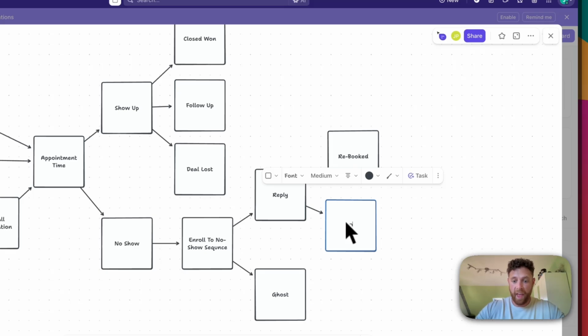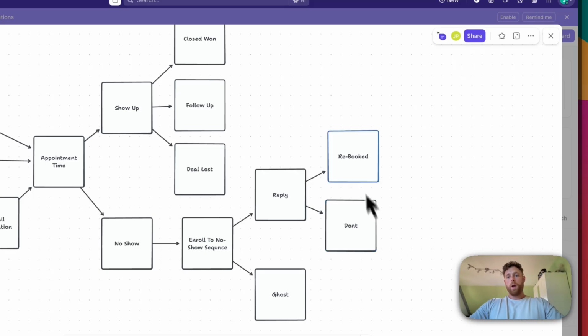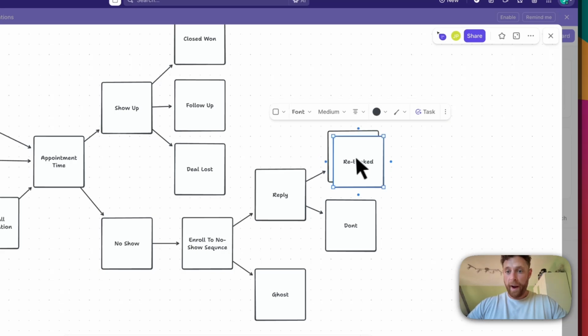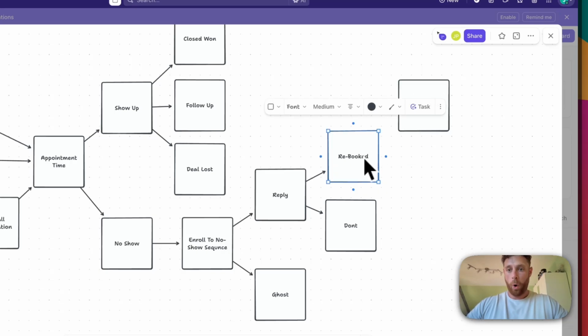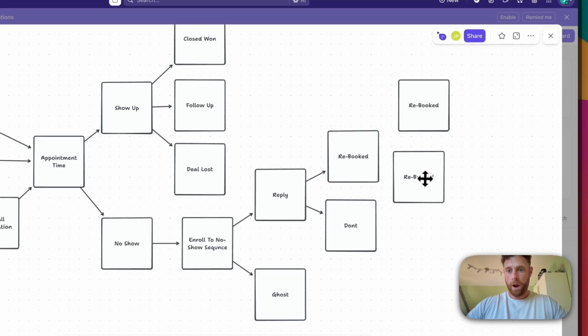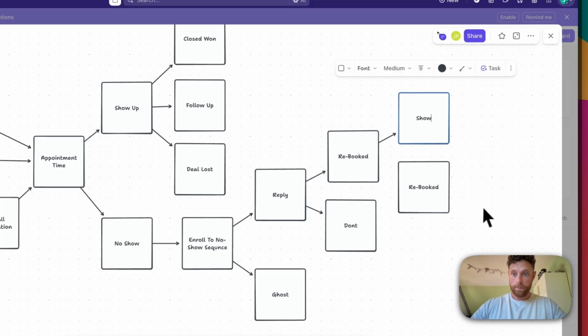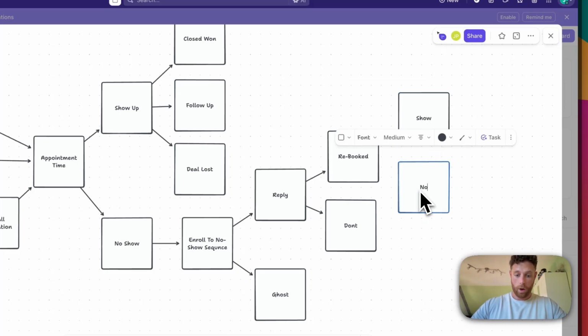So they don't, okay? Now, if they get rebooked, there's, again, two things that can happen. What do you know? Boom and boom. Now, if they get rebooked, they can either show or no show.